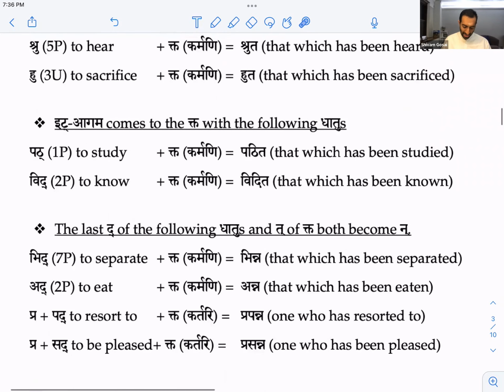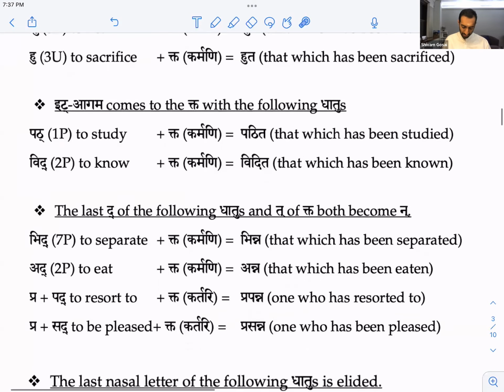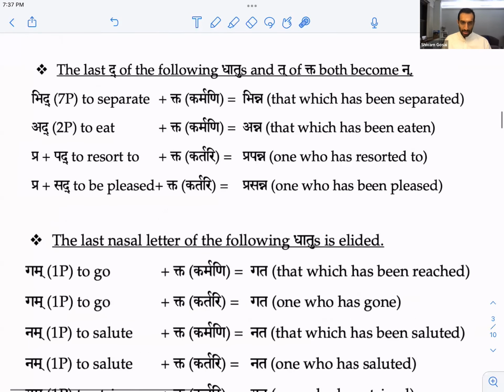Sometimes you get this i, what we call agama. Agama means an addition. You get an i addition coming to the kta with these following dhatus. So pat, you get patita, or you get vidita. Pat and vid, you get that extra i. The last da of these dhatus and the ta of kta become nakara, right?